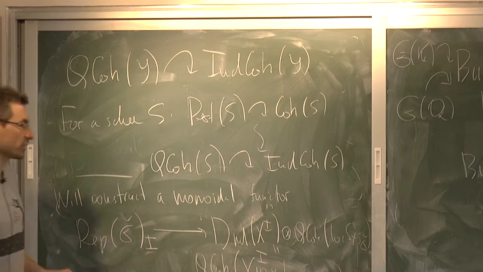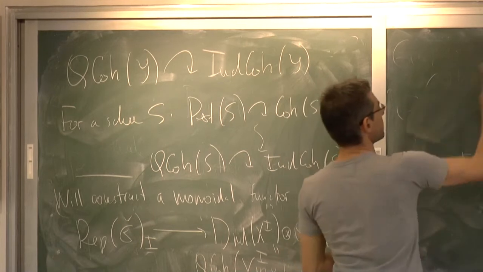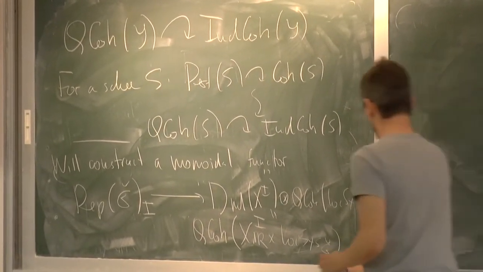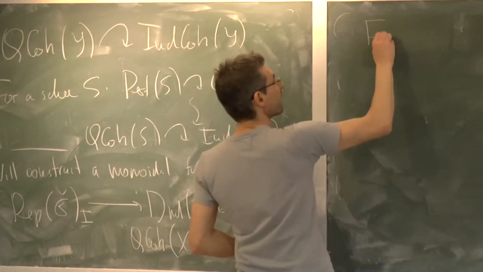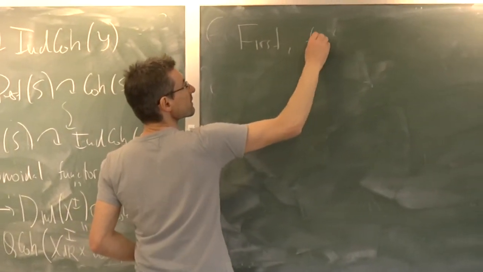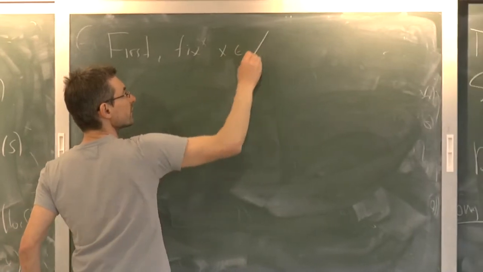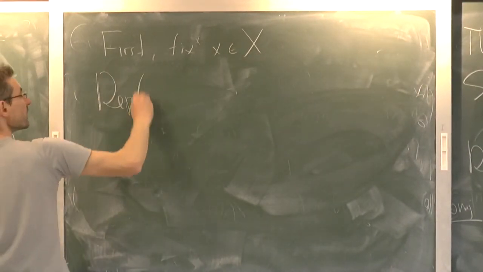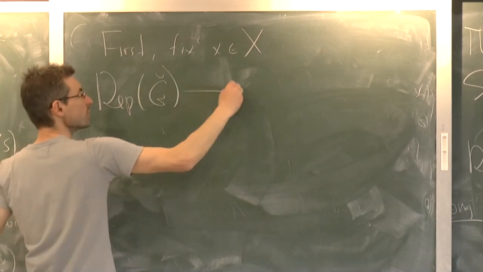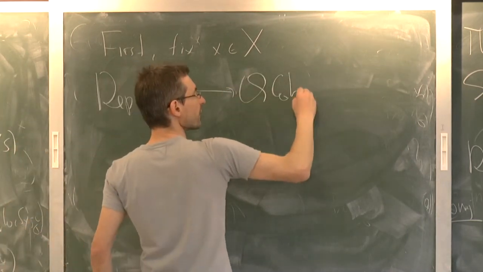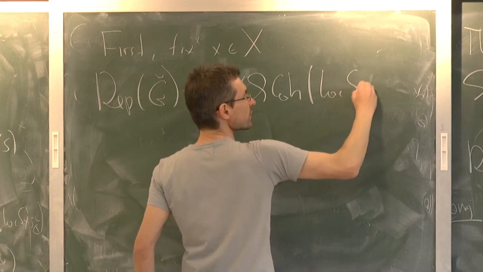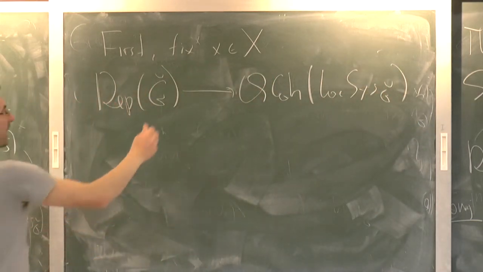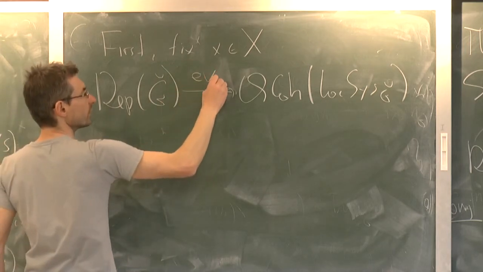Let me first do it again over the point, in which case it will be easy. First, fix a point x in the curve, and we'll construct a functor from just Rep G check to quasi-coherent sheaves on LocSys G check. This functor will have a name; I call it the evaluation functor.